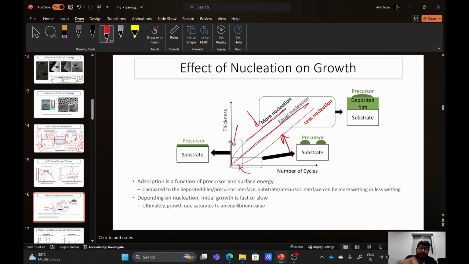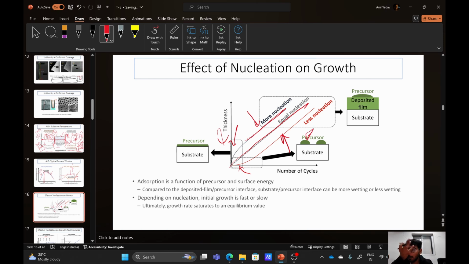If there is more nucleation, then not only a monolayer but more than a monolayer is getting deposited because of the wetting of the surface. The more the wetting of the surface, the higher the growth rate at the lower number of cycles, and lesser the wetting, the lower it is.